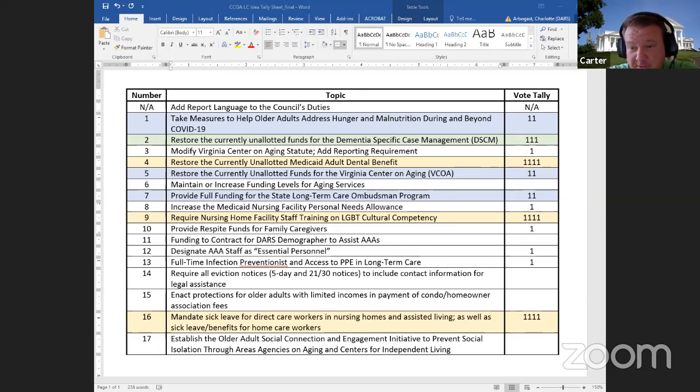I wasn't sure, but from reading the language. So I'm actually a brand new member on the Virginia Center on Aging board, so I'm not fully qualified to answer that, but I do know that they have a number of different streams whereby they give a series of small grants.